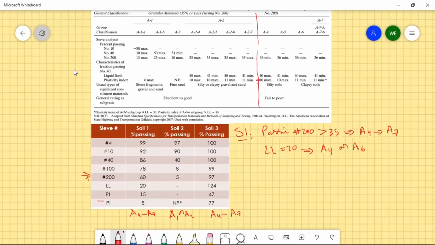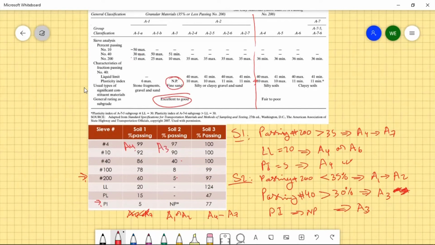The plasticity index here is 5, PI equals 5. It's a 10 maximum and here 11 minimum. So this one is A4.